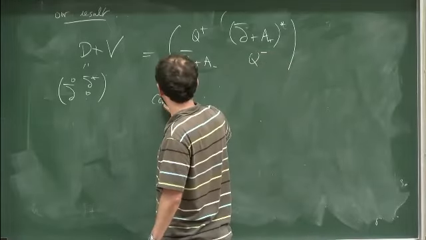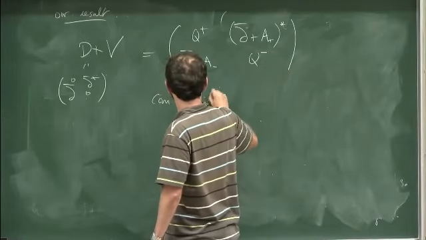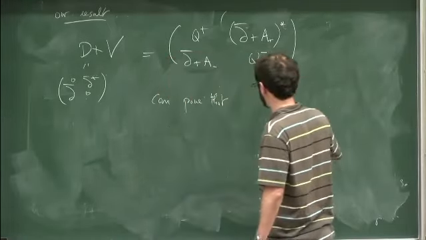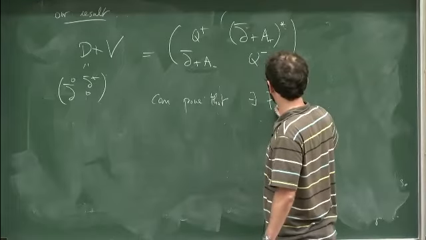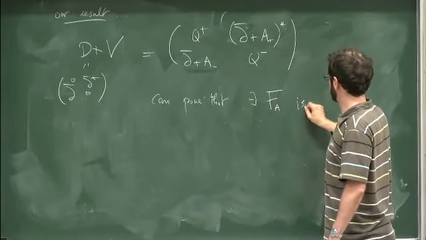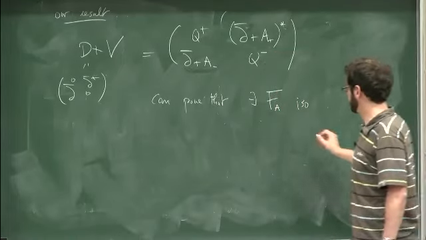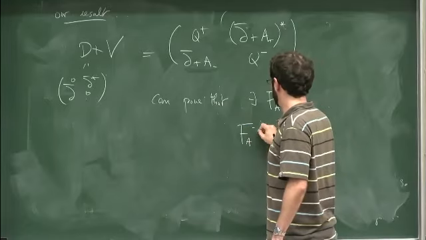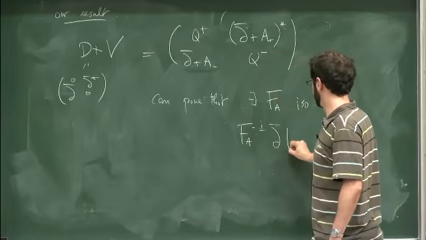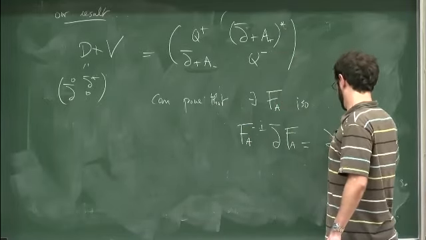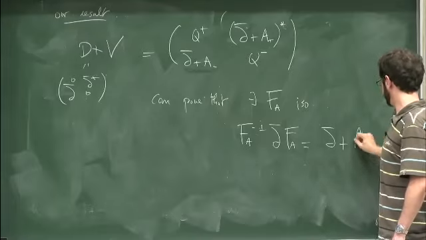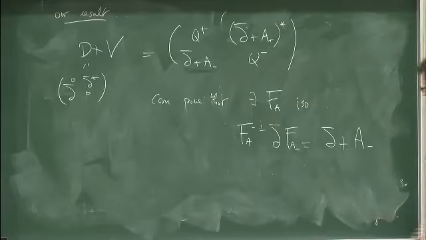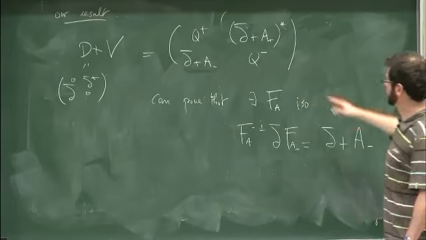So this we can prove, even on a Riemann surface it works, that there exists a certain isomorphism F_a which satisfies that F_a^{-1} d-bar F_a equals d-bar plus A minus. And the same for this guy.